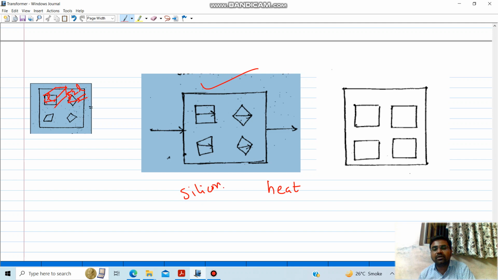That's why this process is known as cold rolled grain oriented silicon steel.